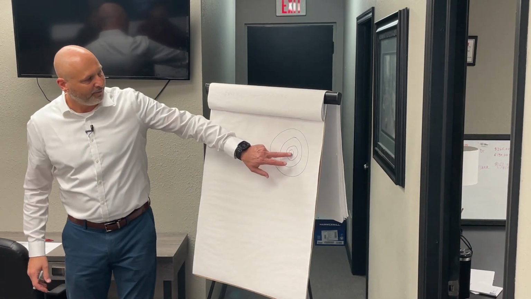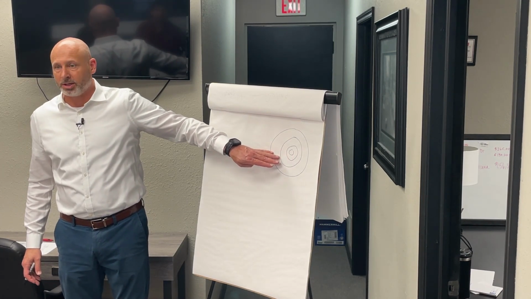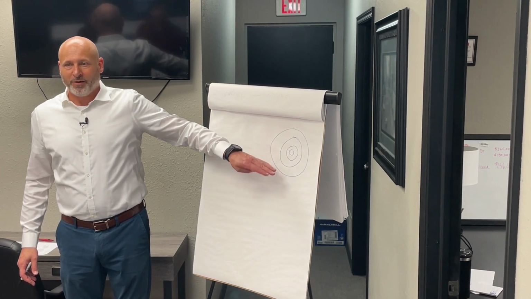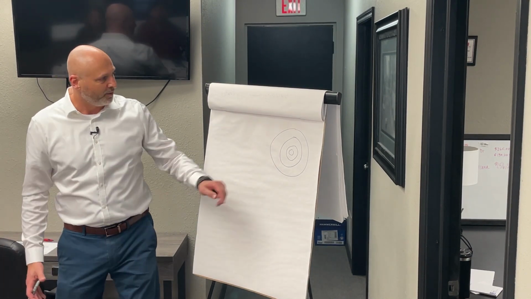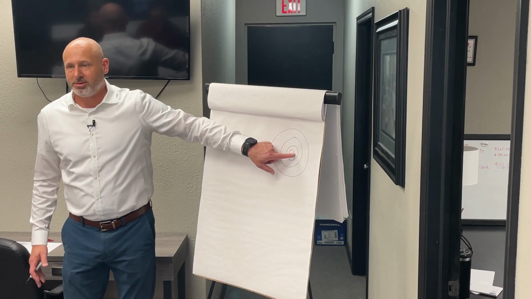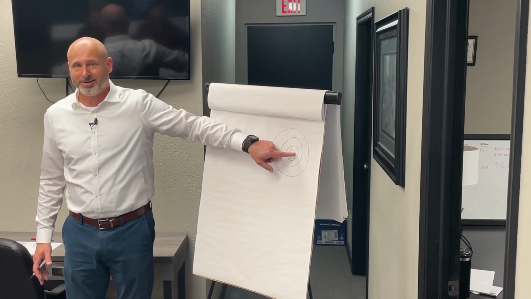You'll have houses that fit within all of these areas of the target. And we'll get into this next week when you are framing the offer. You'll want to focus attention on those that hit the bullseye first and then move out.